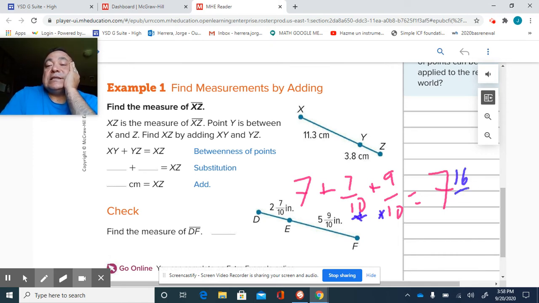So 16 tenths. Well, you can see that is more than 1.